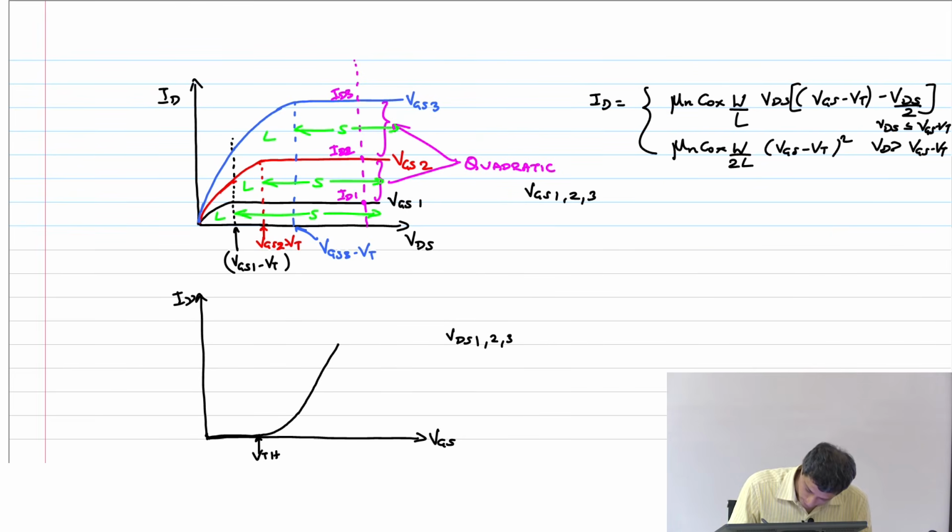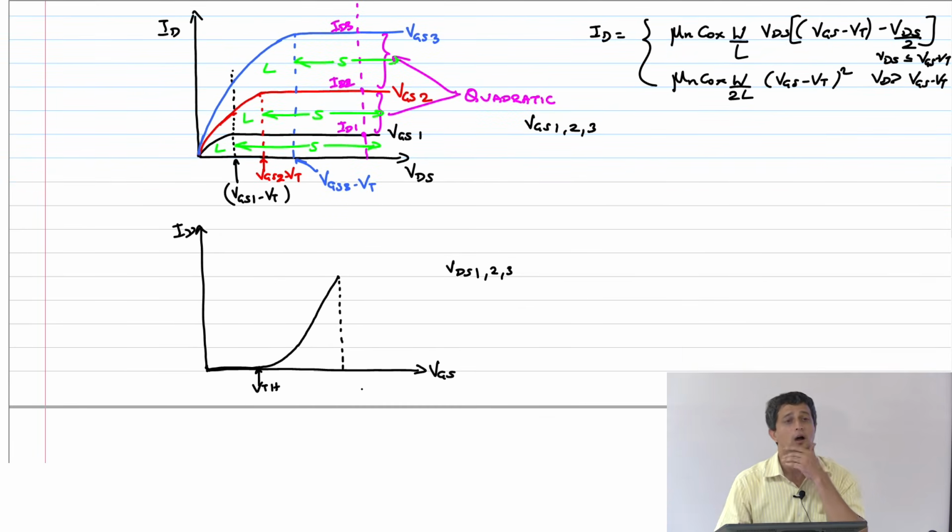So you will have a quadratic curve until what point? There is some point where this behavior will change. So when will the region of operation change? It is starting in this region, VDS is greater than VGS minus VT.